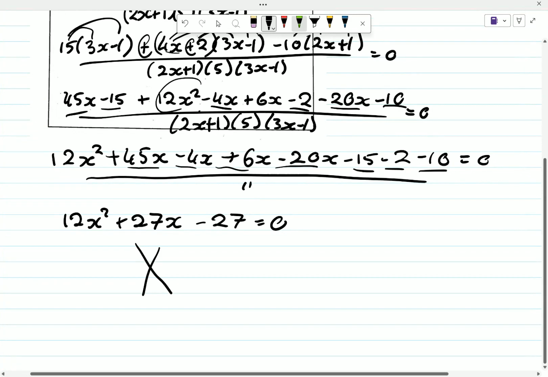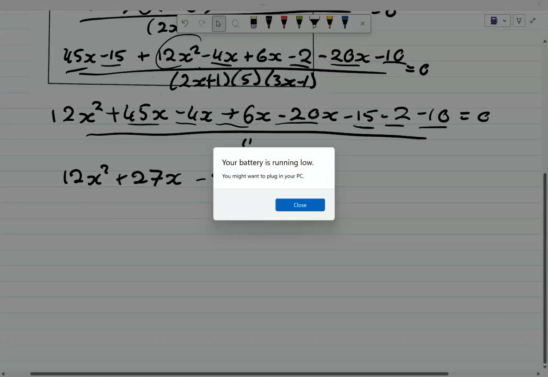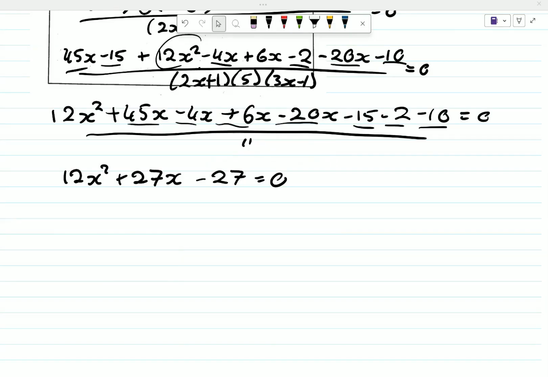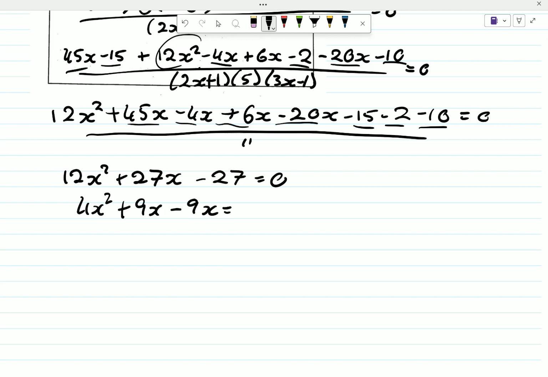This is a quadratic. You can go back to factorizing, whatever way you like to factorize. Actually, first, before we factorize, we can divide by 3, because everything is a factor of 3. So 4x squared plus 9x minus 9 equal to 0. Now we can factorize 4x, 1.